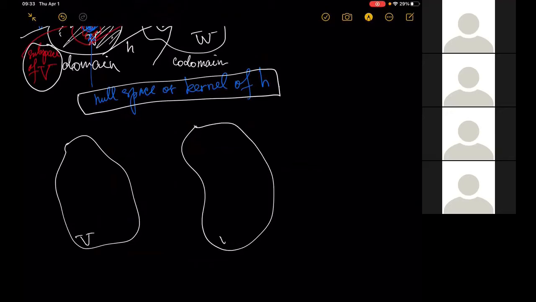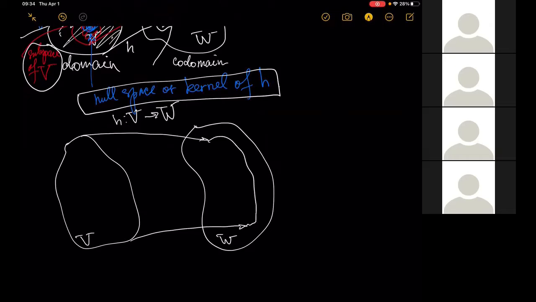this is vector space V, this is vector space W, and we are considering a homomorphism from V to W. And so if we apply the homomorphism to the whole vector space V, we probably will get not necessarily the complete, but some part of vector space W. And this is nothing else, but sometimes denoted by this, or range of the homomorphism.